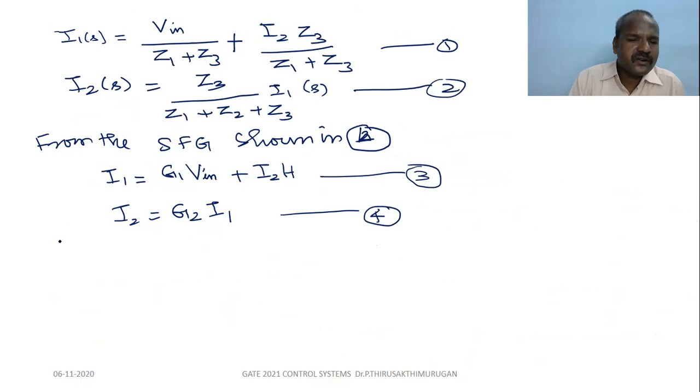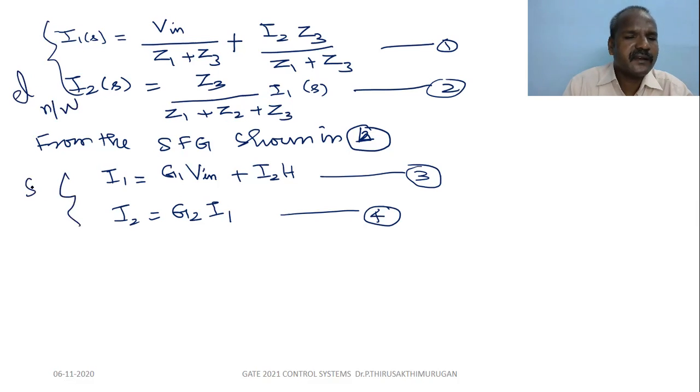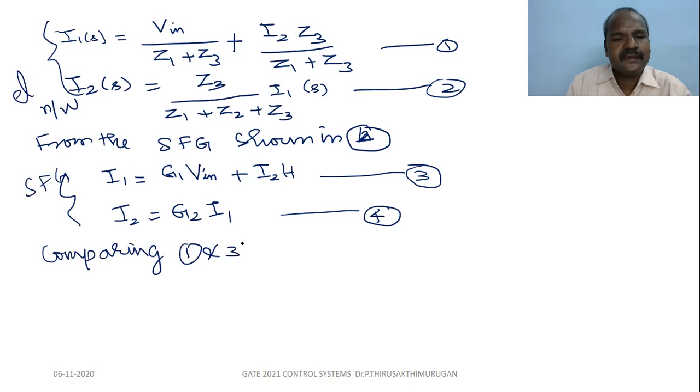Now compare equations 1 and 3, and 2 and 4. One set is from the electrical network and the other from the signal flow graph, both for I1 and I2. Comparing the coefficients of 1 and 3, G1 equals 1 by Z1 plus Z3.